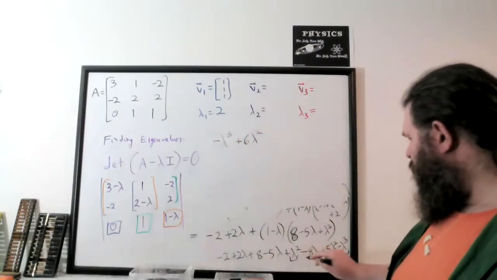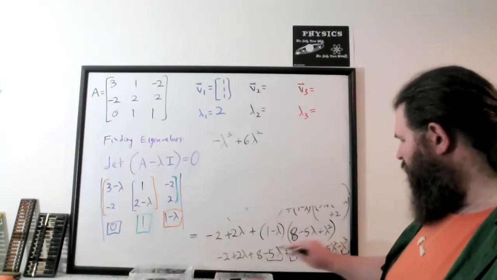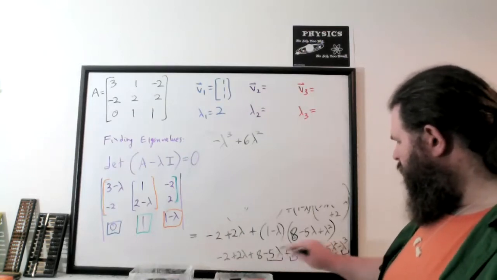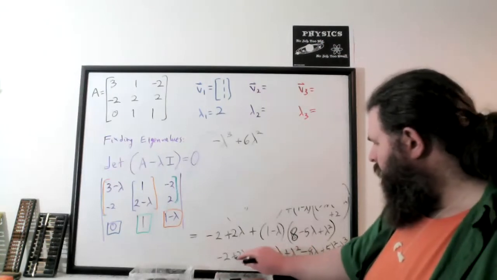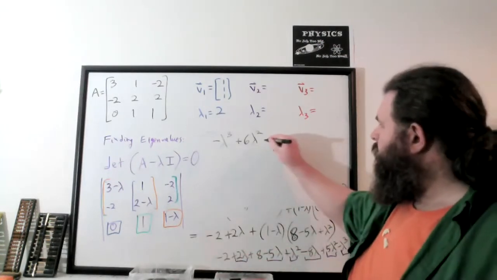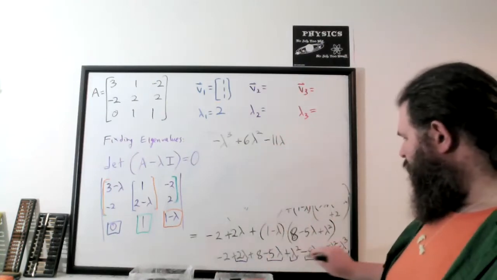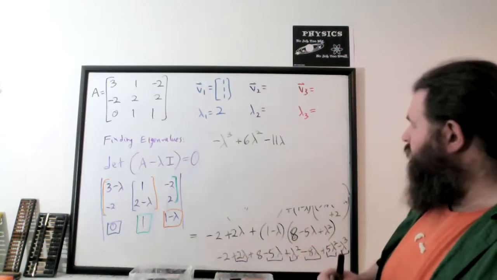And then for the lambda terms, we've got -8 lambda minus 5 lambda. That's -13 lambda so far. Plus 2 lambda, so that's -11 lambda. And then we're left with just 8 and -2, so that's plus 6.